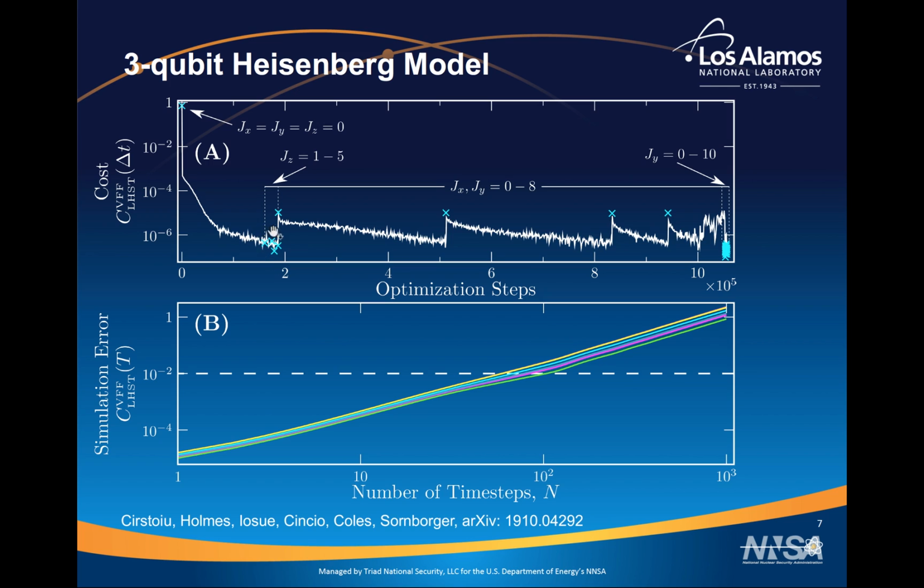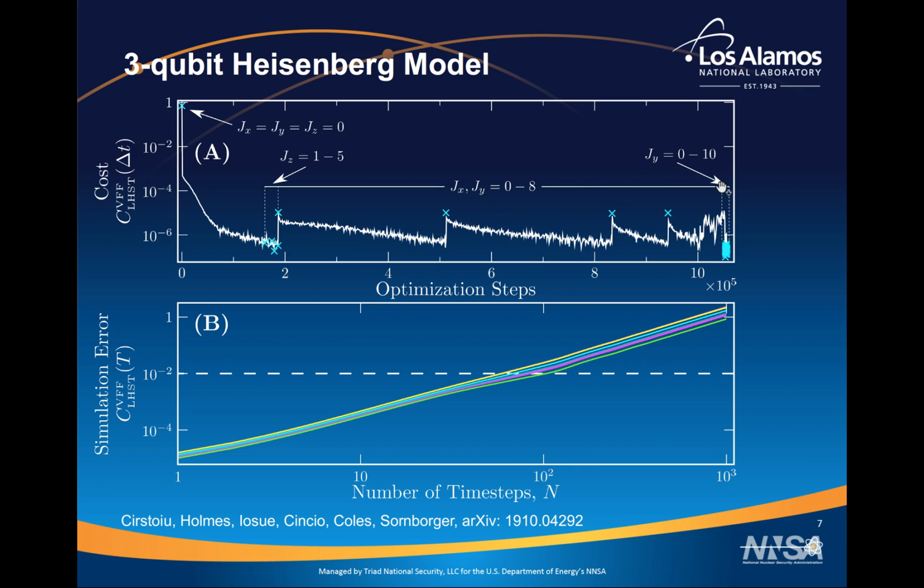So there's a little bit of a perturbative type approach. We then turned on the X and the Y couplings. Then it took a little bit longer to find a diagonalization, but it found it. And then we just gradually turned on these numbers from 0 to about a factor of 8 or so. And then in this part of the optimization, JX and JY, we set to be the same.